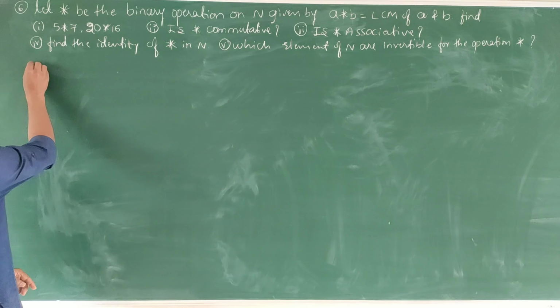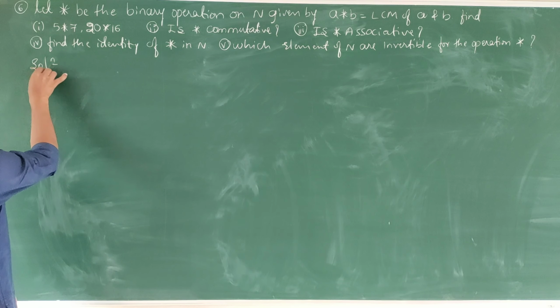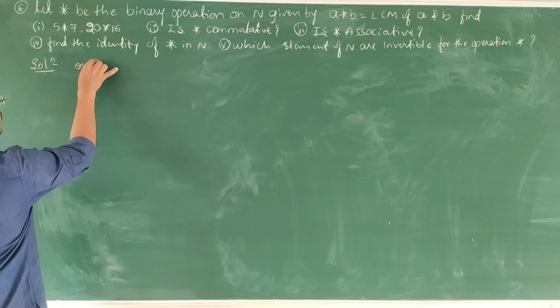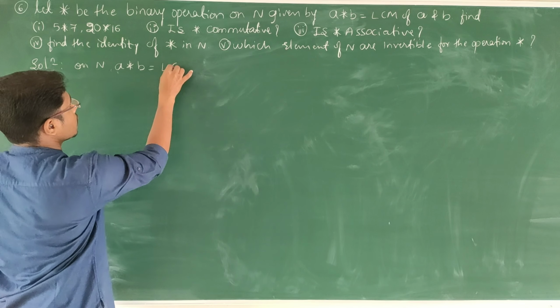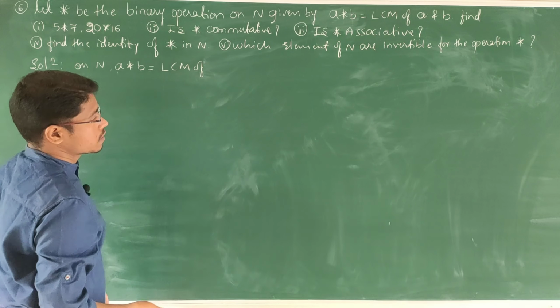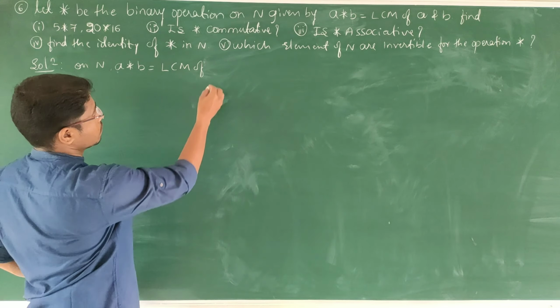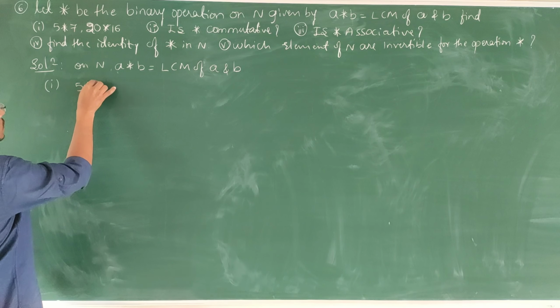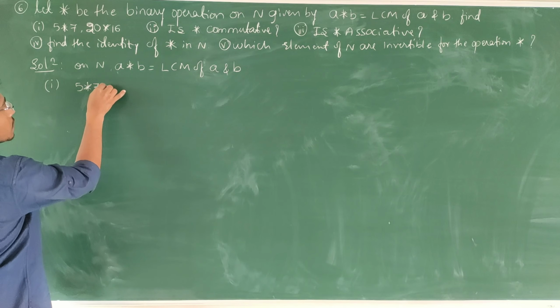Solution. First, the given operation is on N, the set of natural numbers: a star b equal to the LCM of a and b. Take the first question, 5 star 7. This is nothing but the LCM of 5 and 7, which is 35.